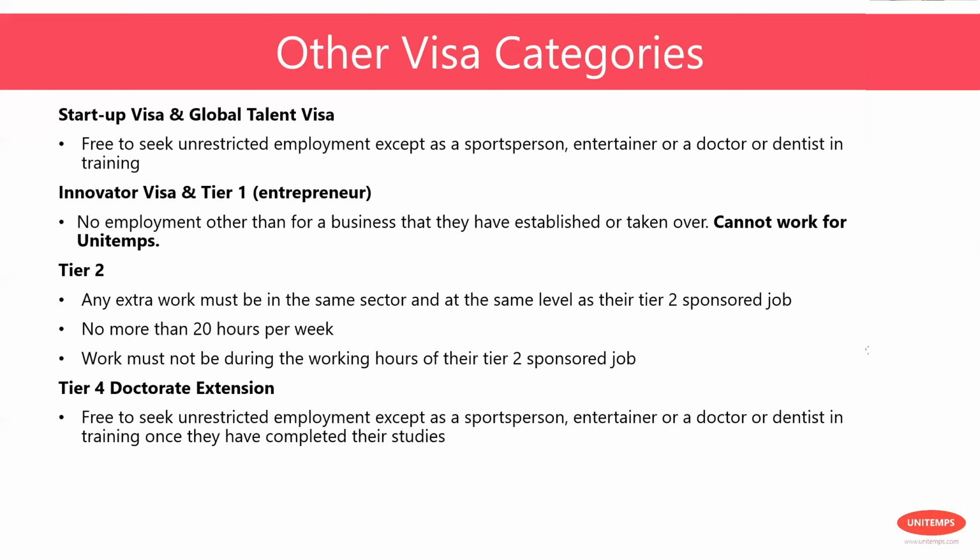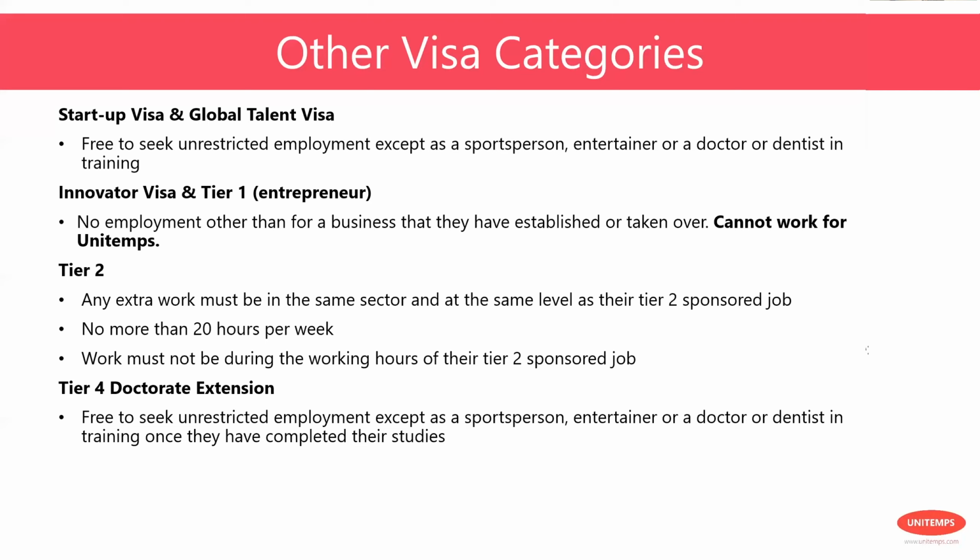You might see Tier 4 doctorate extensions. These are basically similar to Startup and Global Talent in terms of the working restrictions. They're free to seek unrestricted employment except as a sports person, entertainer, or doctor or dentist in training once they've completed their studies. So you just want to see proof that they completed their studies.